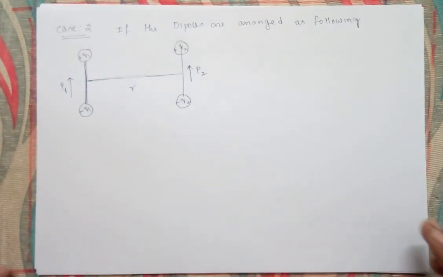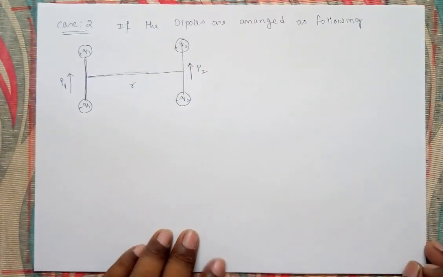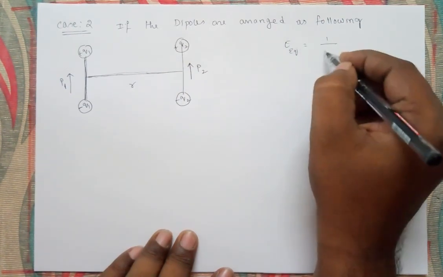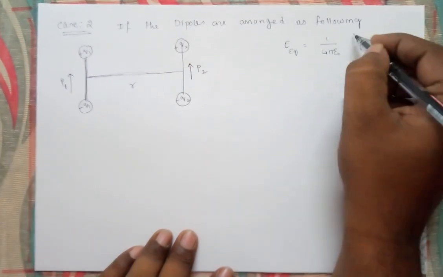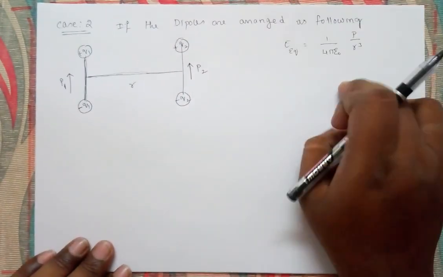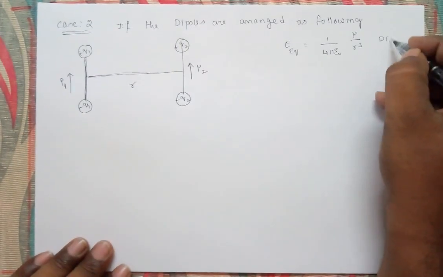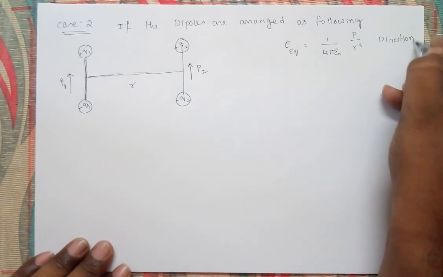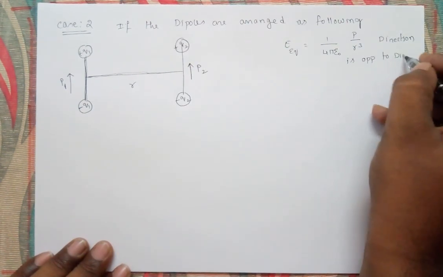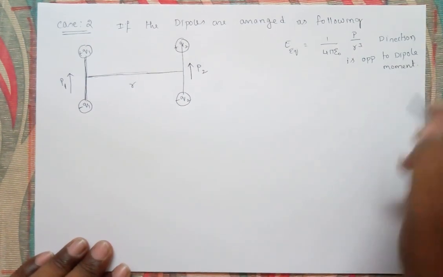The equatorial electric field is 1 upon 4 pi epsilon naught, P by R cube, and its direction is opposite to the dipole moment.